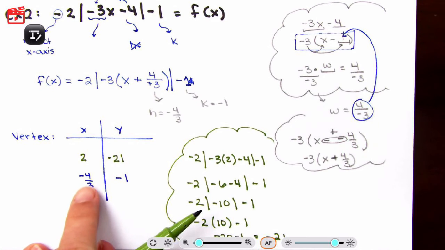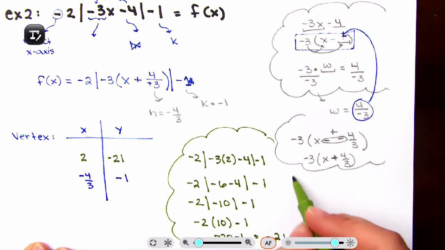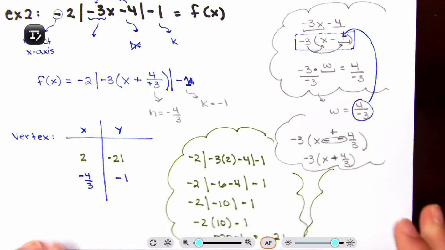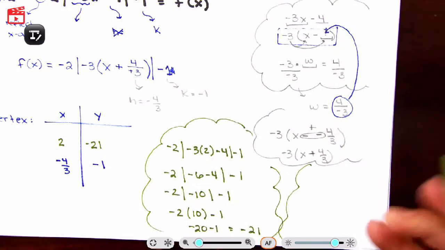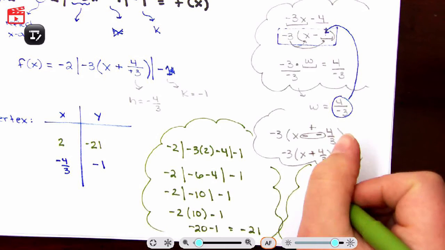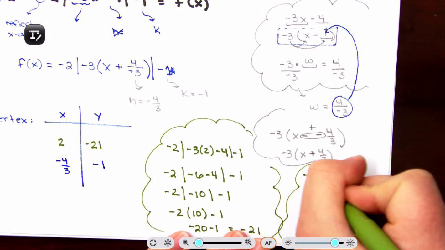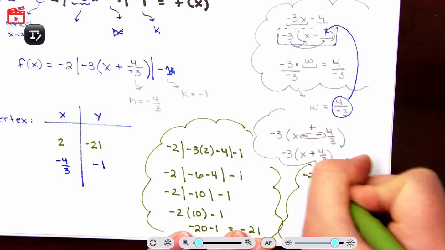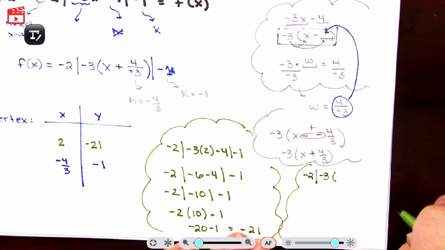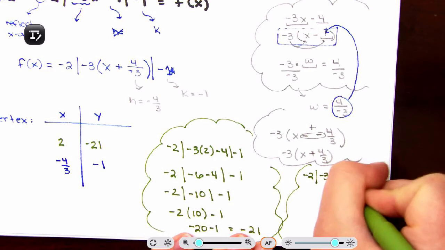I am already in my negatives here, so perhaps we want to choose a negative number for our next one. Let's try here. So what do we have? We have negative 2, absolute value of negative 3. Let's choose something small. Let's choose 0. I don't know why I didn't choose 0 before.